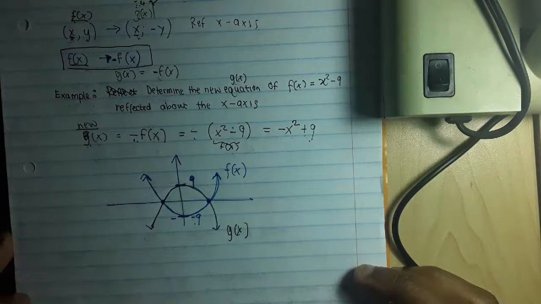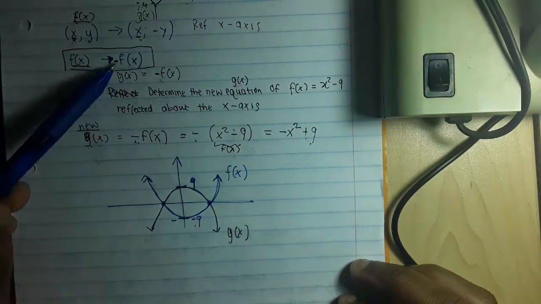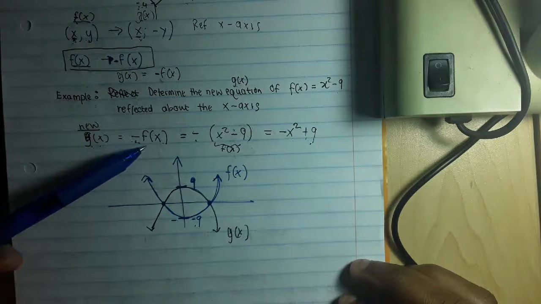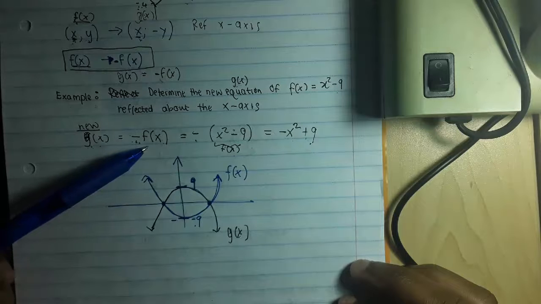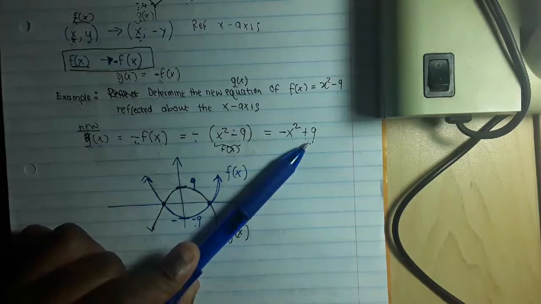If you are given a specific graph and are asked to reflect it about the x-axis, you just need to define a new graph, g of x, and add a negative, because the y values become negative. So we add a negative of that old graph, and then we get our new graph that's reflected about the x-axis.